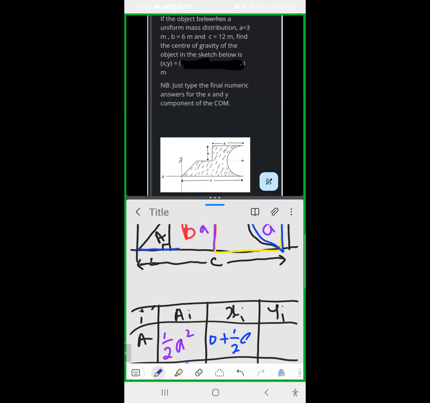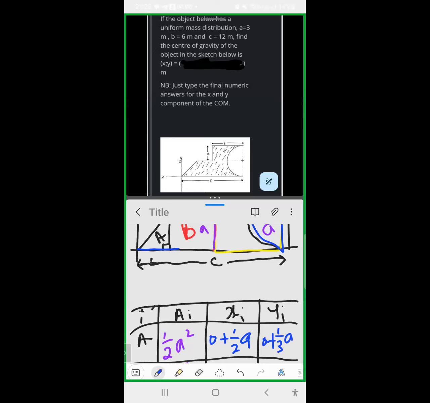And then let's look at the y center of mass. We can notice that this object didn't move any distance up or down. Therefore, even for the y center of mass, we simply have 0 plus 1/3 of the height of this object, which is simply a unit.